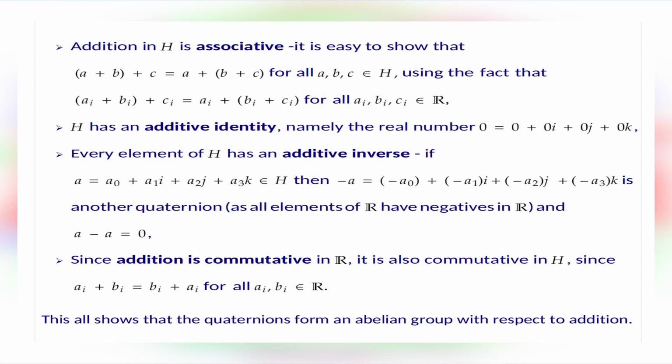Since addition is commutative in R, it is also commutative in H, since Ai plus Bi is equal to Bi plus Ai for all Ai, Bi belonging to R. This all shows that the quaternions form an abelian group with respect to addition.